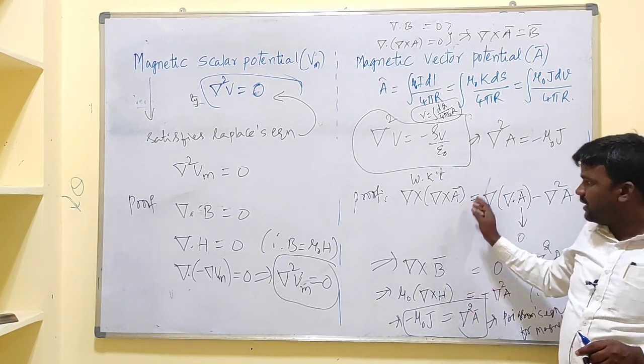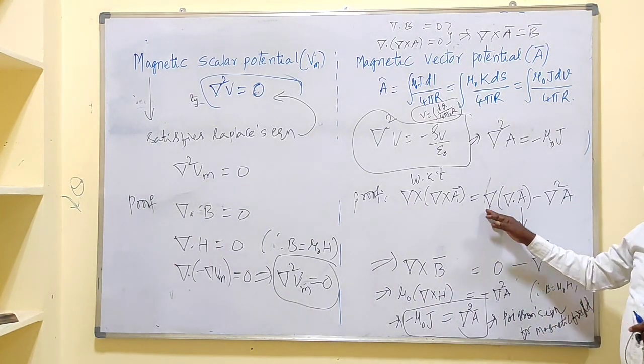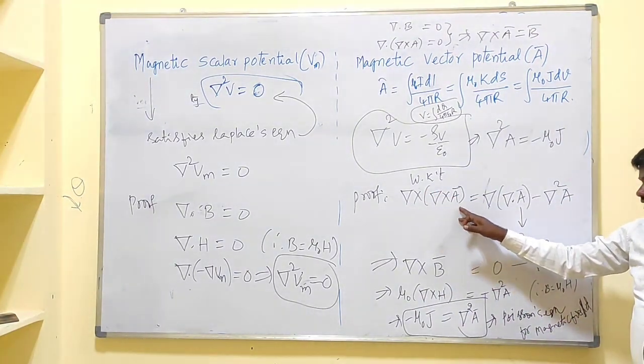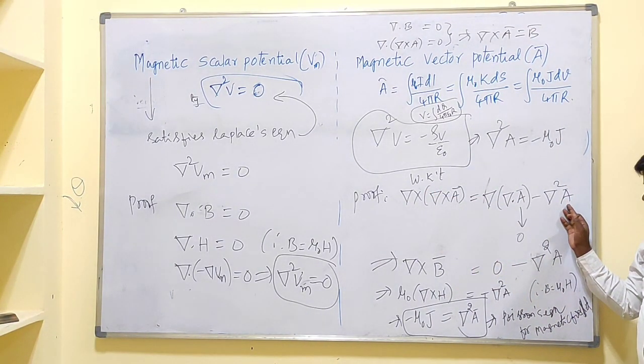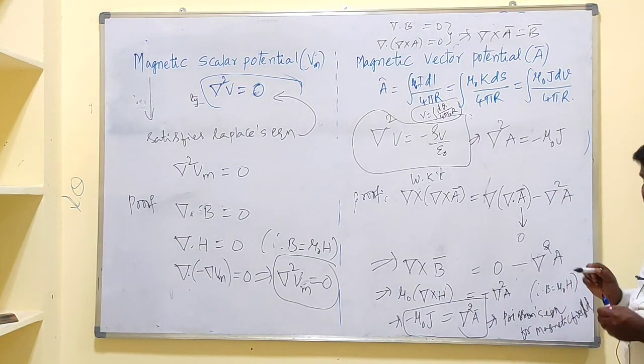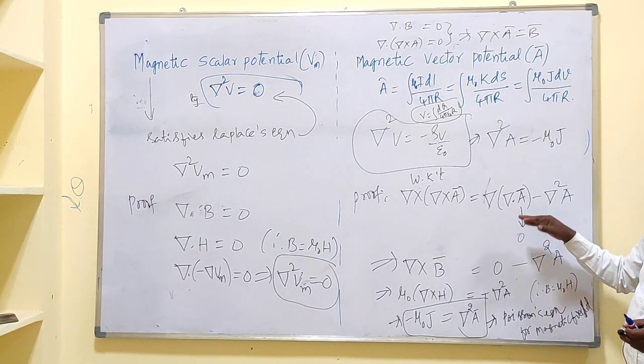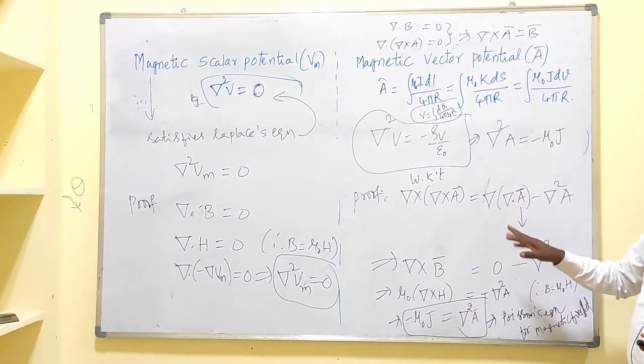So the proof of this: curl of curl of any vector can be written like this, the formula for del cross del cross A is del of del dot A minus del square A. As A represents the magnetic field parameter, del dot B or del dot H or del dot of any magnetic field vector becomes 0.